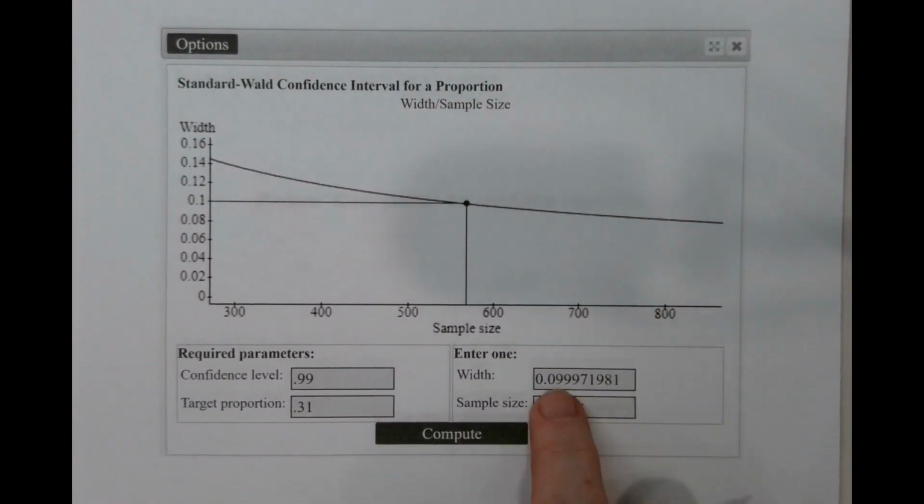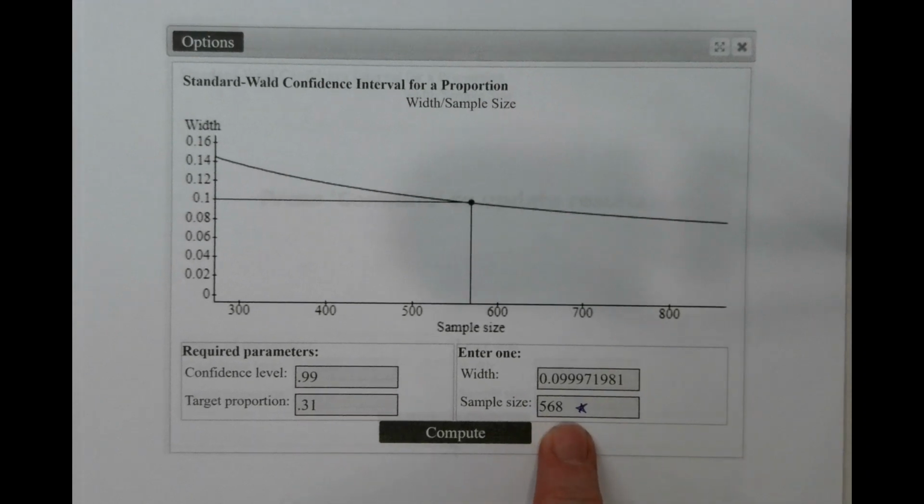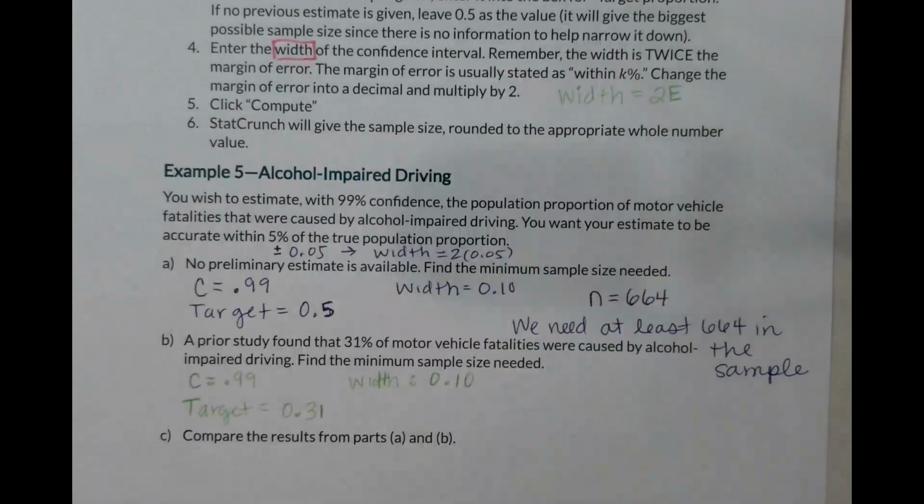Notice the width changes again, but it's not exactly the same. When I did this and I left the number that was in there from part A for the width, I actually got 569 instead of 568. And you all know as well as I do that Pearson can be picky sometimes. So just go ahead and change that.